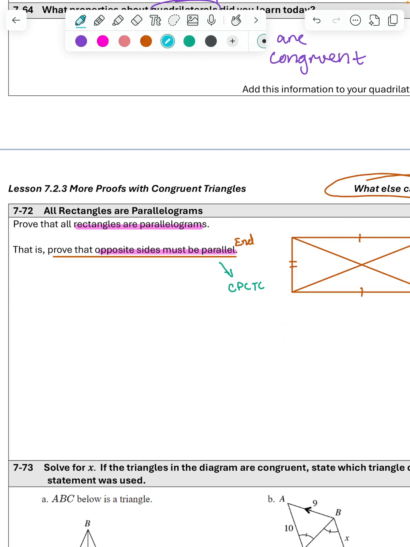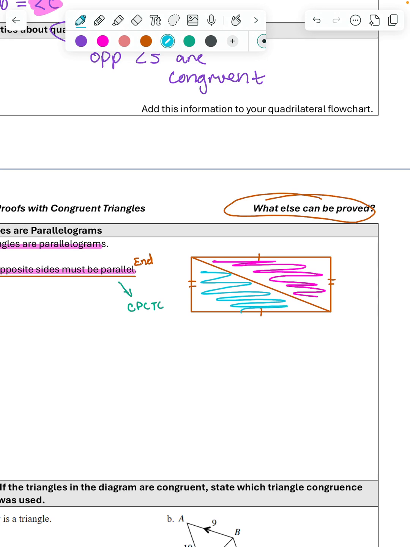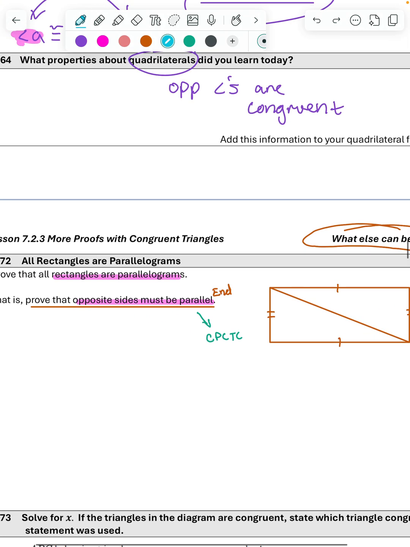So let's just look at one of these diagonals. If I can prove that one triangle is equal to the other triangle, I could then start saying things about their individual parts. And that's maybe where I want to go with this proof.